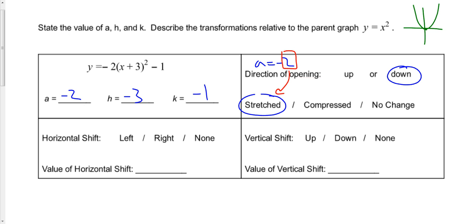Okay? The next thing that we'll take a look at is the horizontal shift. Horizontal, again, means side to side, to the left or to the right. The horizontal shift is always determined by the H value, and our H value here is -3, so that's going to mean that it's shifted to the left by 3 units.